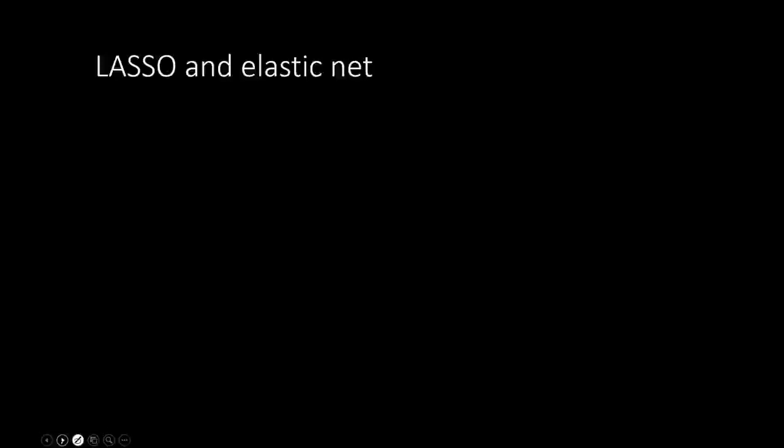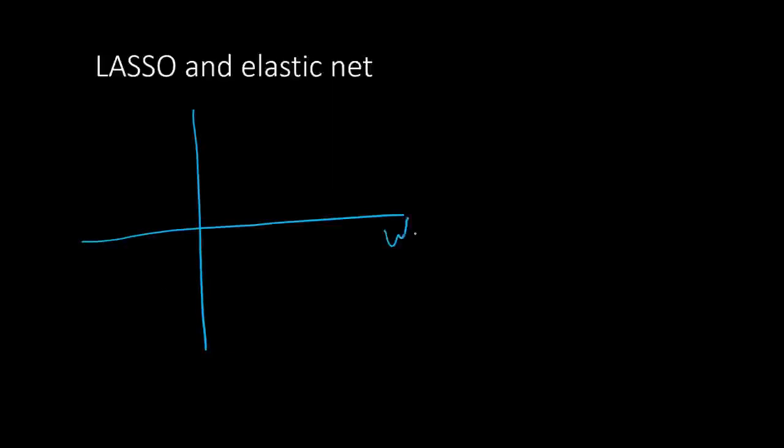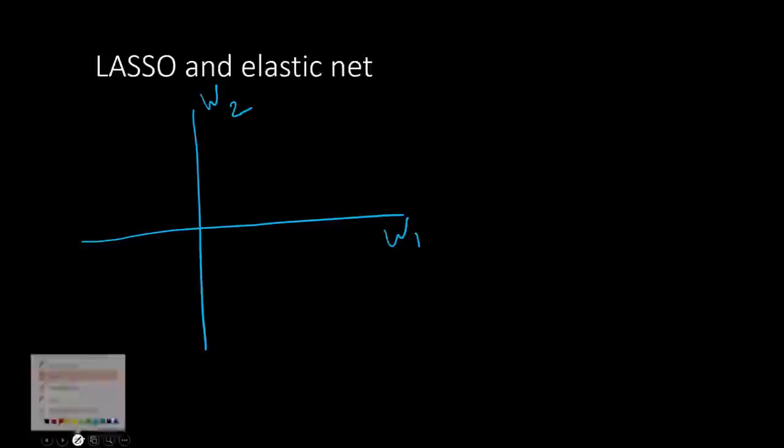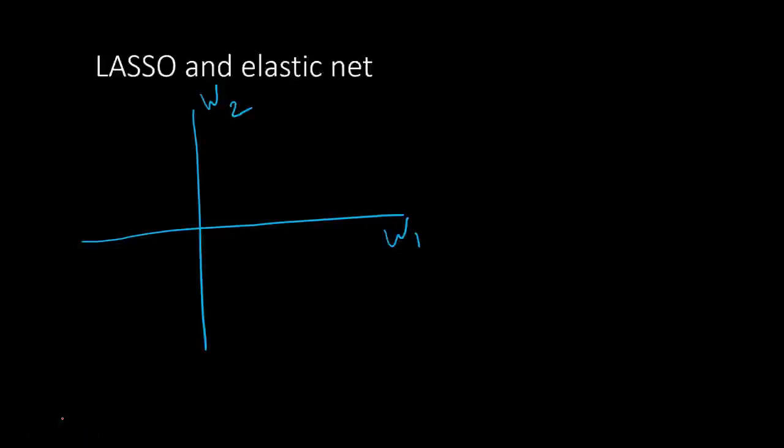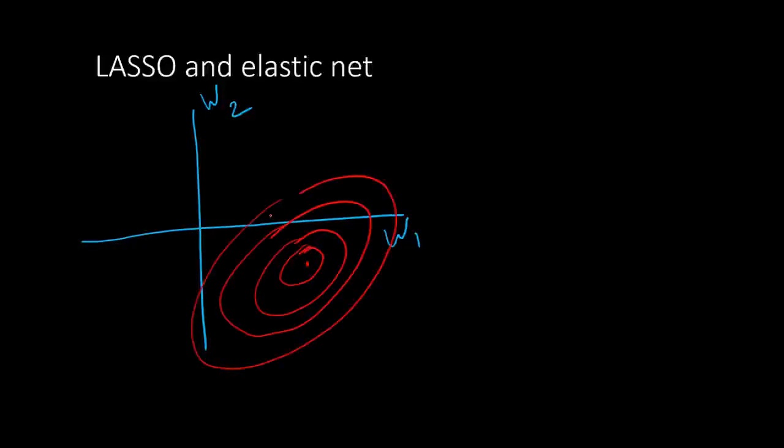And finally, let's look at some tightly linked models, the embedded models. We already know what Lasso is. In Lasso, we are looking at W1 and W2 space. Let's say there are two variables, right? If we didn't have any penalty, if we were just minimizing, let's say, mean square error in regression, we may get contours of mean square error that look elliptical like this.